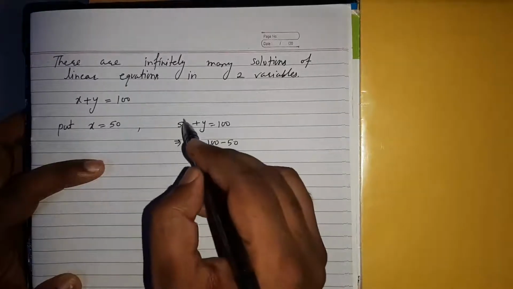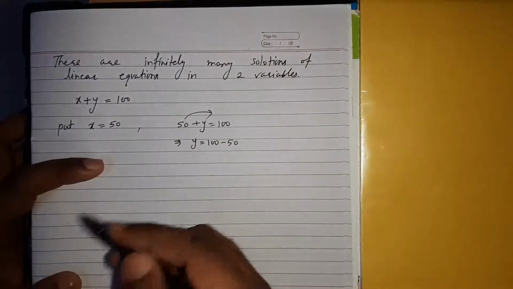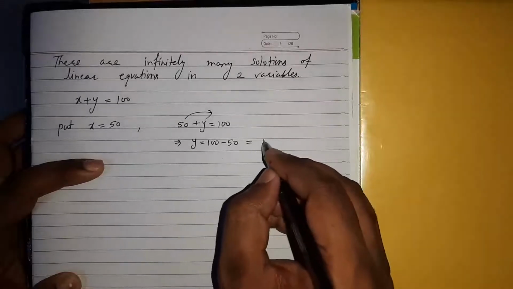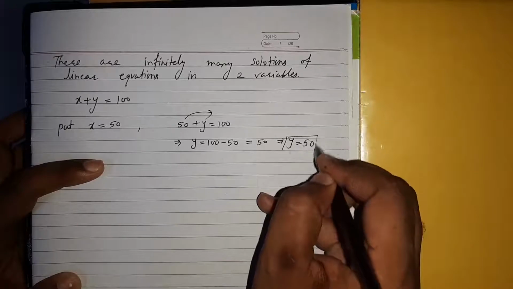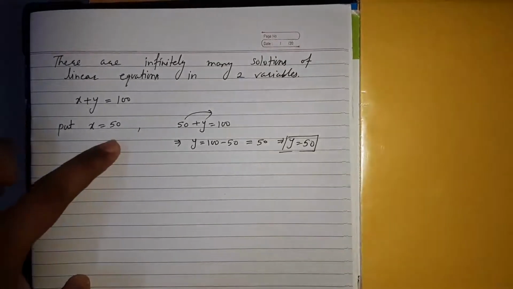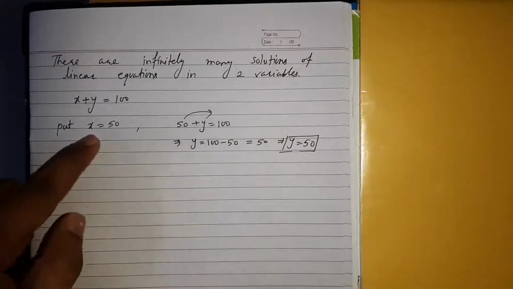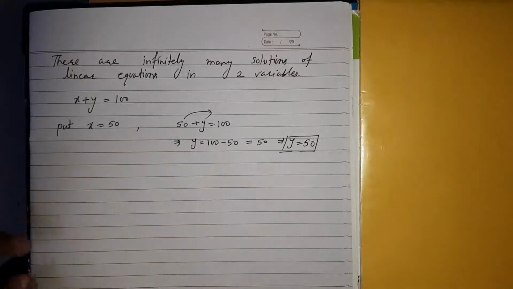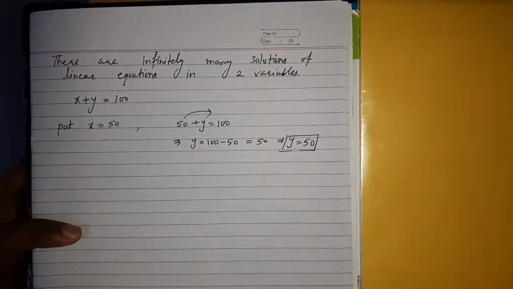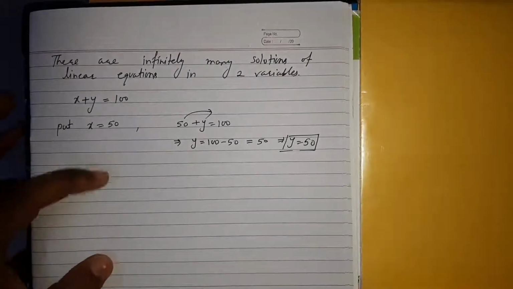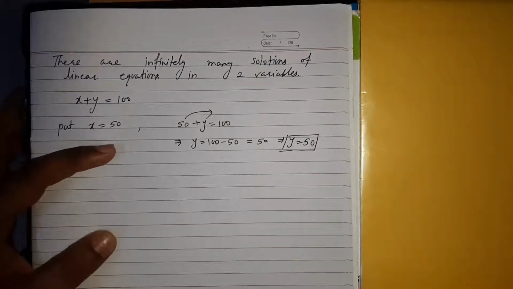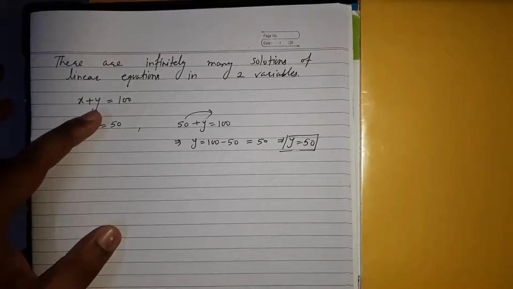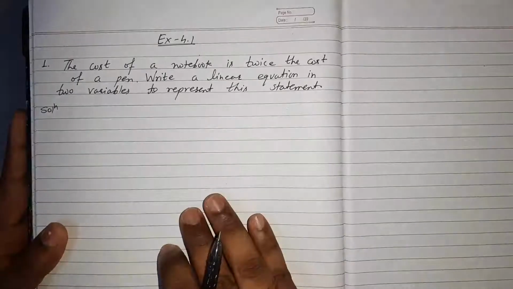Transposing 50 to the other side, it becomes negative, so y will be 50. So one pair of solution of this equation is 50 and 50, meaning x is 50 and y is also 50. You can take any values of these variables. Suppose you put values of y, then we can get the values of x from this equation.